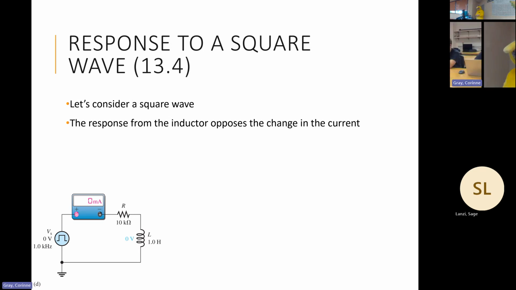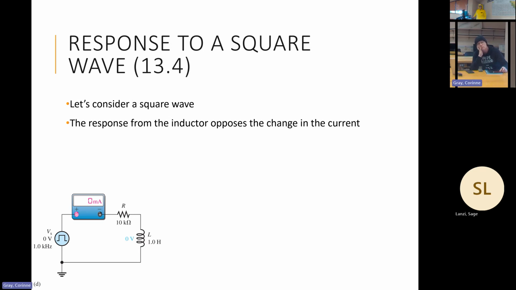For the response of the inductor, it opposes any change in current. So if I increase my current, should the induced current of the inductor point in the same or opposite direction? Opposite. Yeah, it's going to oppose it.